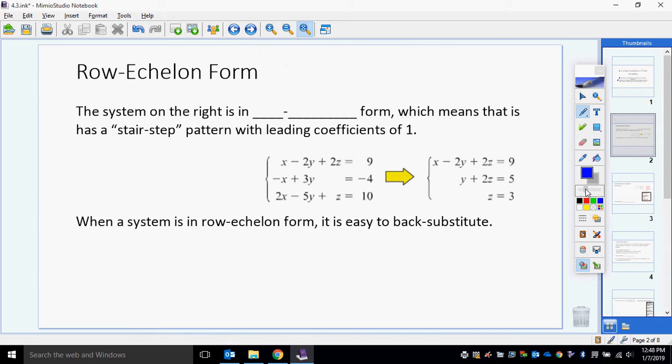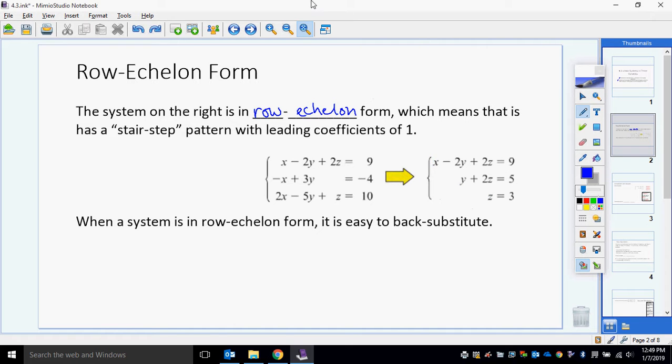So first off is, what is row echelon form? The system on the right here is in row echelon form because each leading coefficient is 1, right? 1x, 1y, and 1z.